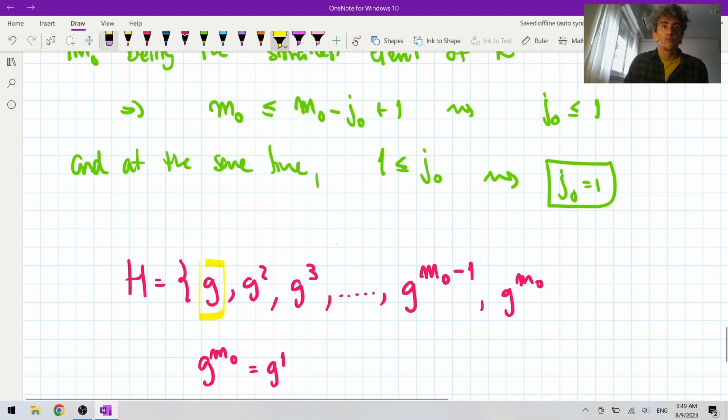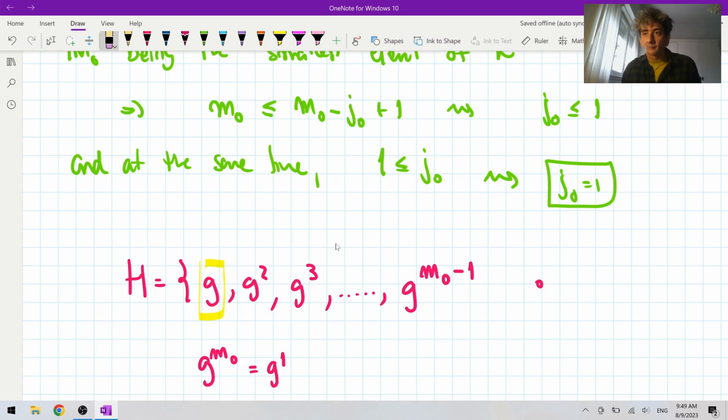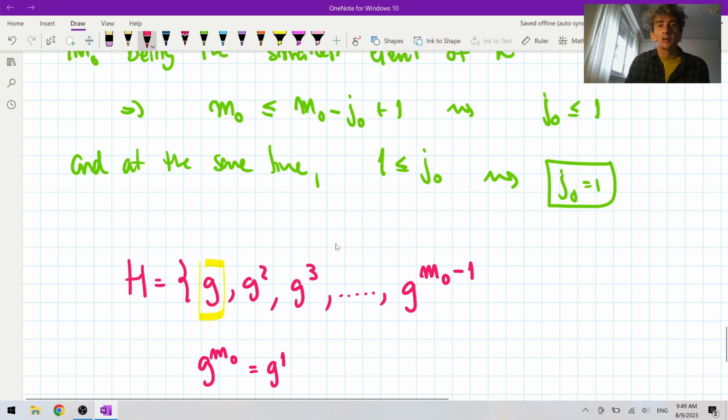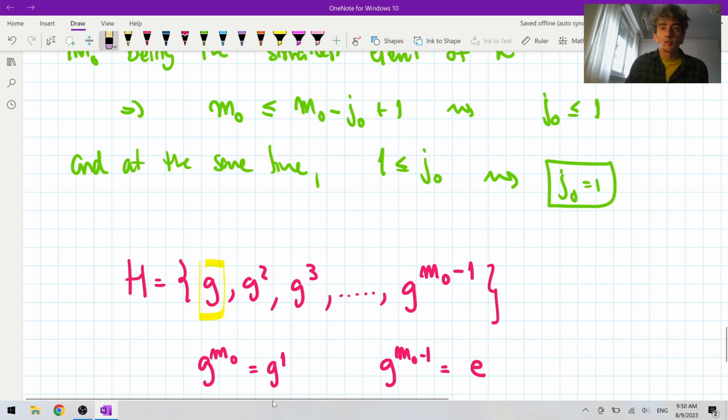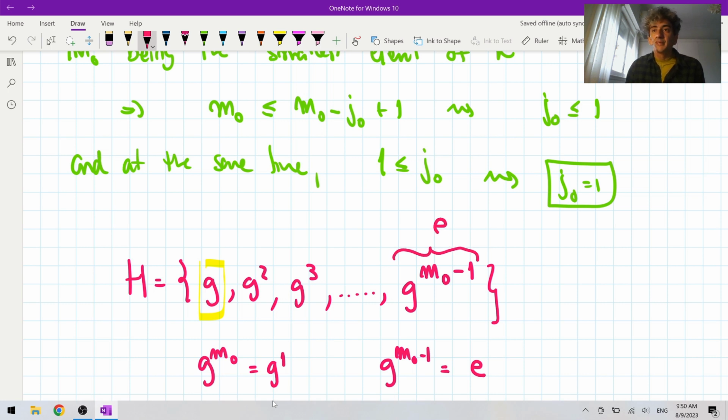So this is all the set of powers of G. But furthermore, what we have learned is that G to the M naught minus 1 is actually the identity element, because that's what we said before. So this one last guy is actually the identity element.